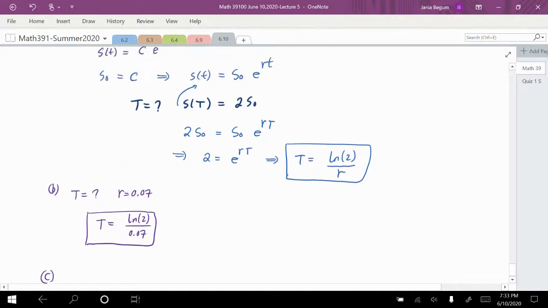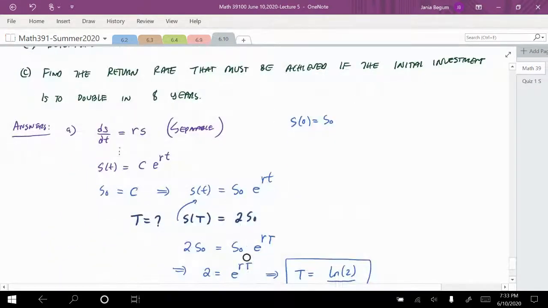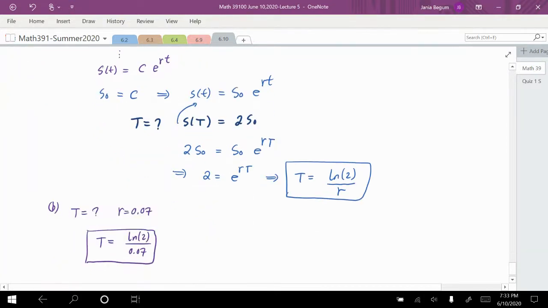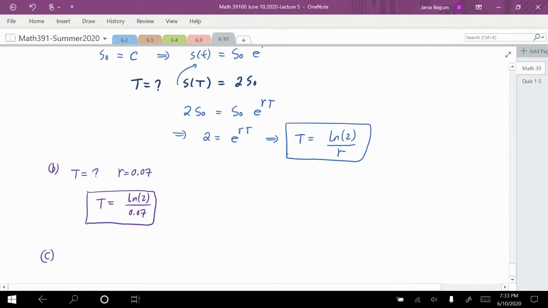And part C, we want to know return rate R. So that means you're looking for R that must be achieved for the initial investment to double in 8 years. Well, we already know the relationship between T and R when it's going to double. Now we want T to be 8 so that we can find what R is.